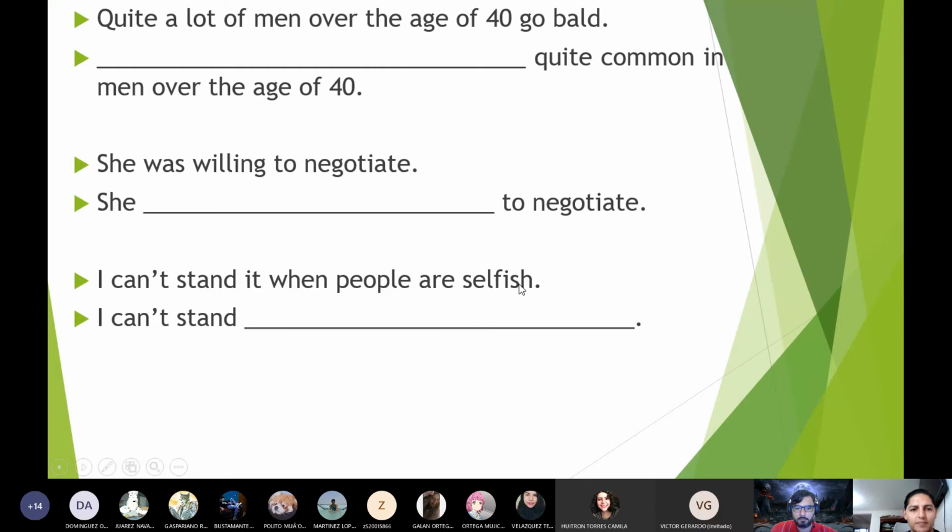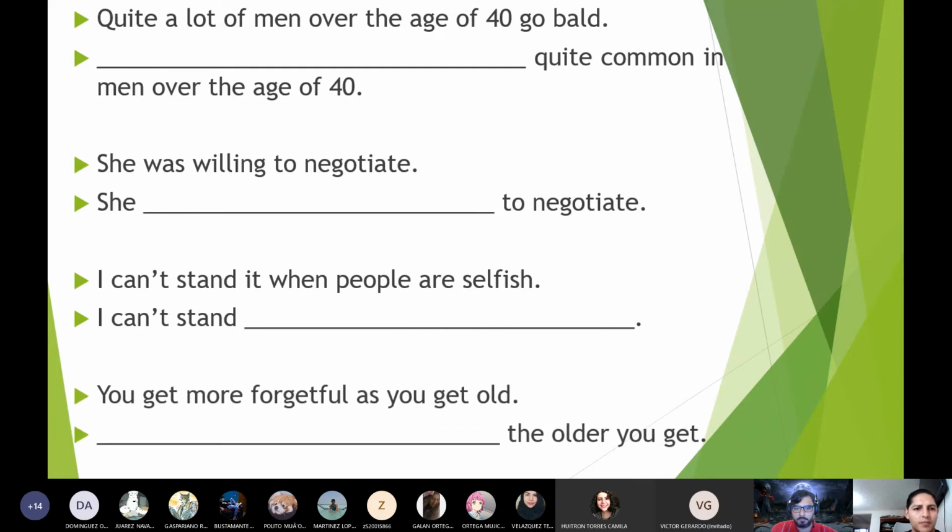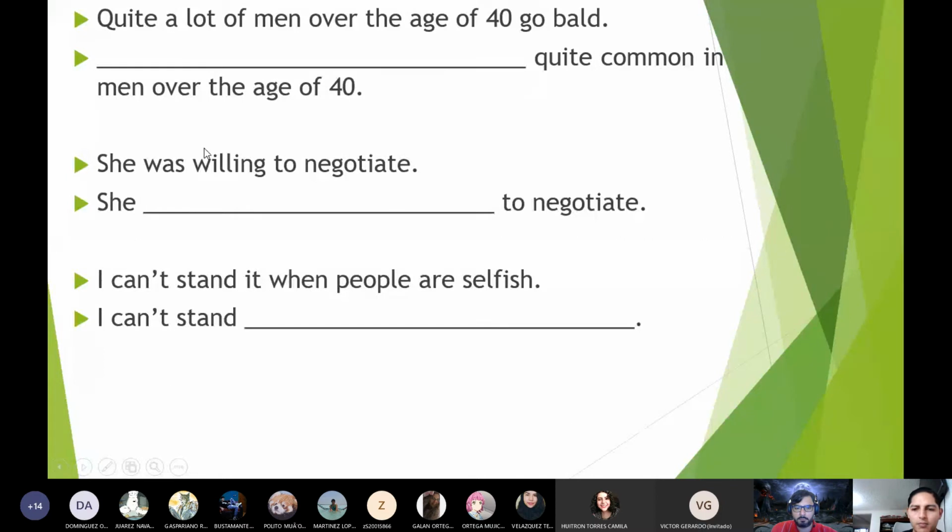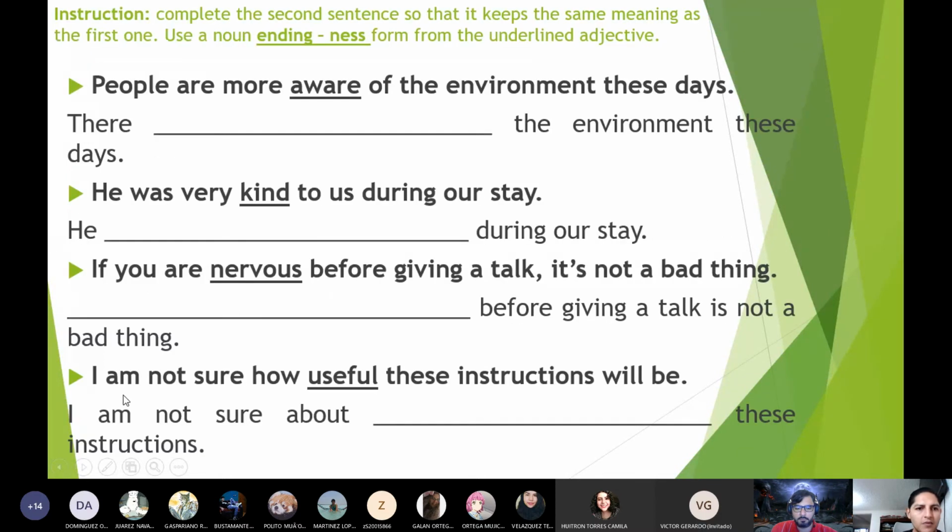Selfish. One more. You get more forgetful as you get old. This is the one, forgetful. So you have 1, 2, 3, 4, 5, 6, 7 sentences which are going to be worked out for homework.